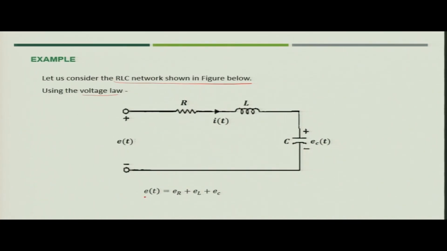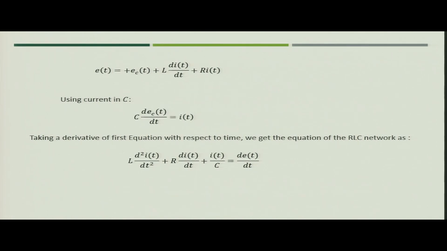So, what can we write? The applied voltage E is nothing but the voltage drop across the resistance, inductance and capacitance. So, we write that it is equal to ER plus EL plus EC. Now, the value of the applied voltage E you can write as EC, that is the voltage across the capacitance, plus L di by dt plus R I. Now, we also know that the current flowing through the circuit is I equal to C dEc by dt.